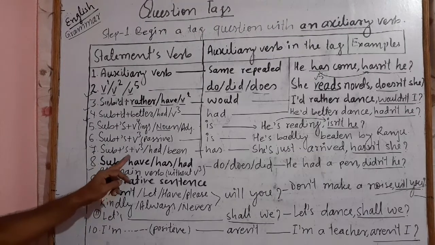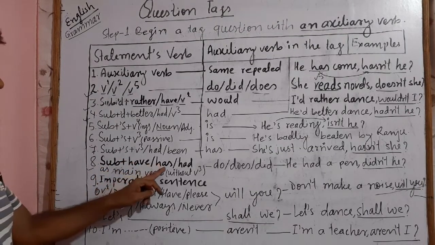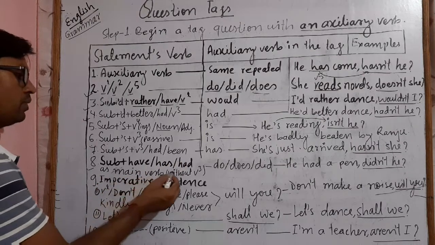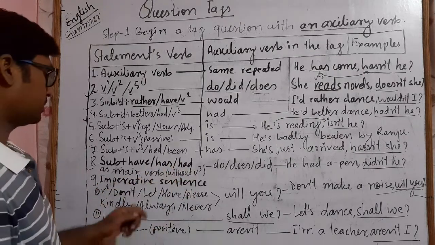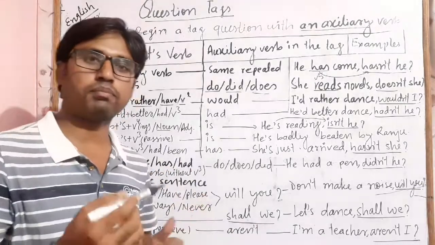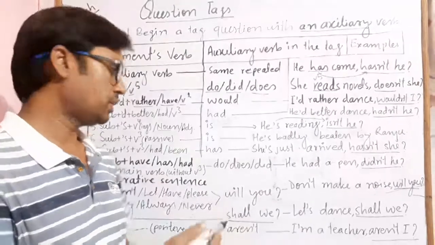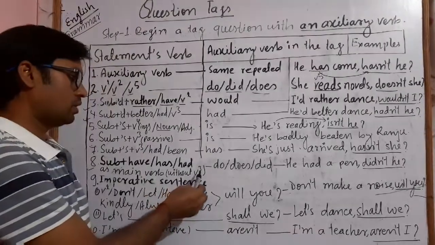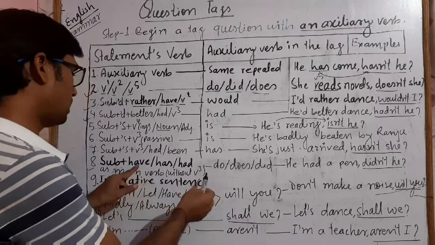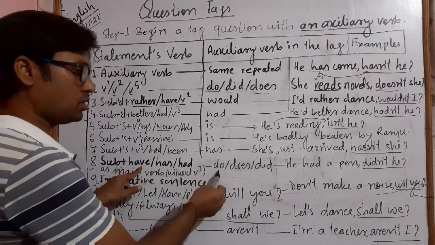Next, number 8: subject plus have, has or had as a main verb without verb 3. When have, has or had is used as a main verb without verb 3, then if have is mentioned, you have to use do.